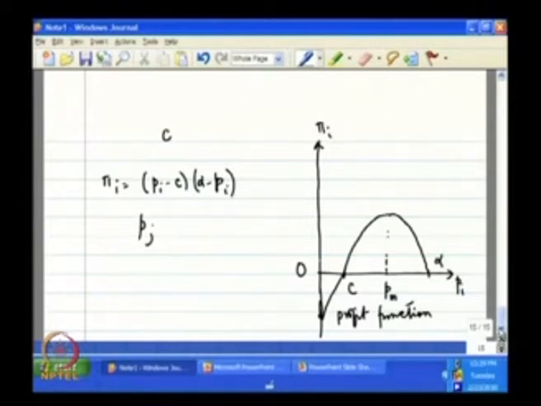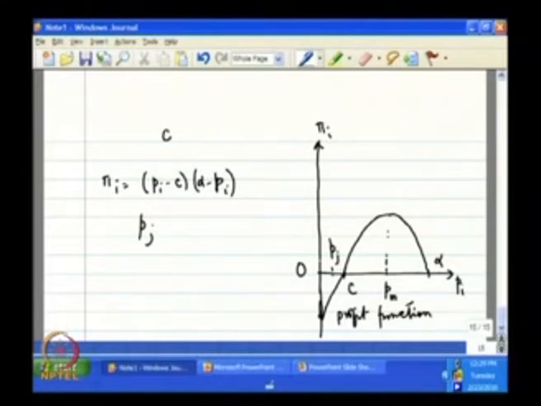For example, suppose Pj is here, this is Pj suppose. So the rival firm is charging a price less than the unit cost of production. In that case, what is the price that I should charge?